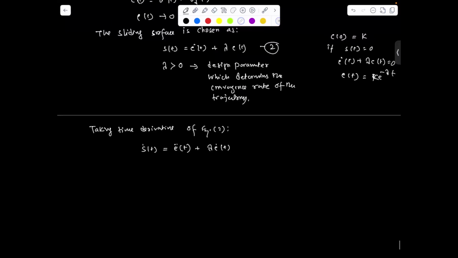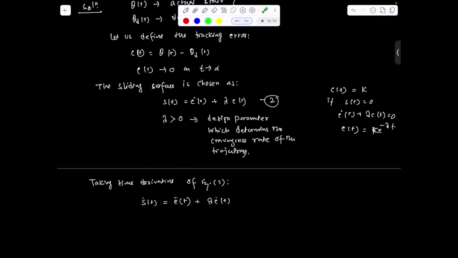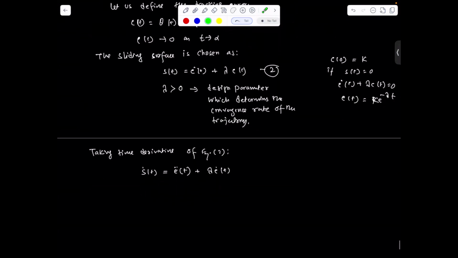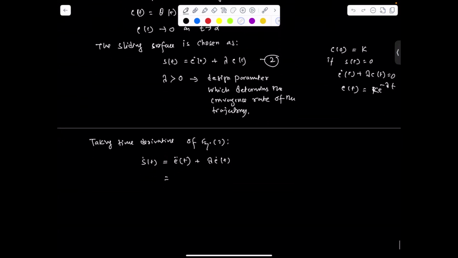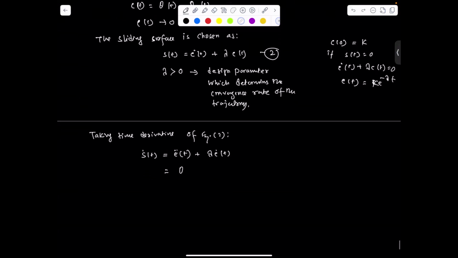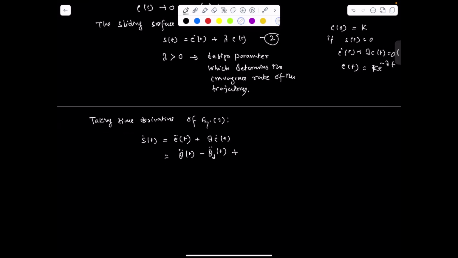And if you substitute e double dot t as theta double dot t minus theta desired double dot t, we can write theta double dot t minus theta desired double dot t, plus lambda times the error derivative.